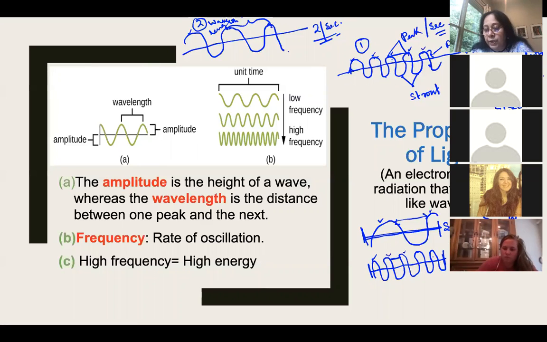It means if frequency increases, wavelength decreases. On the other hand, if wavelength increases, frequency decreases. That's the relationship between frequency and wavelength. Did you get it? The relationship between frequency and wavelength?